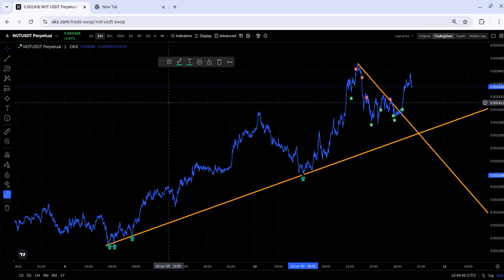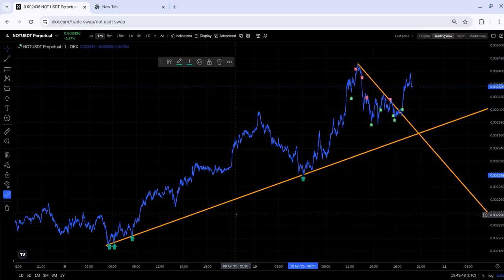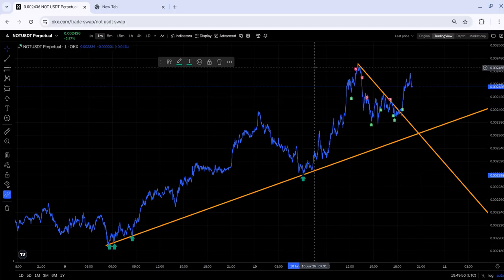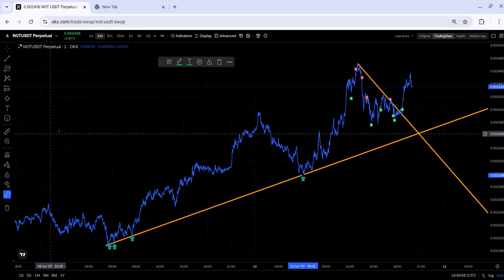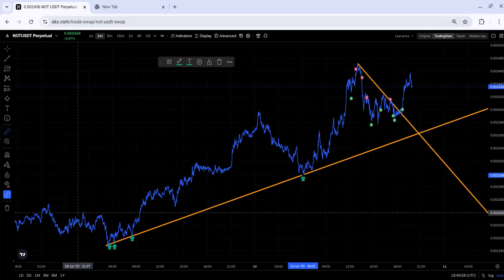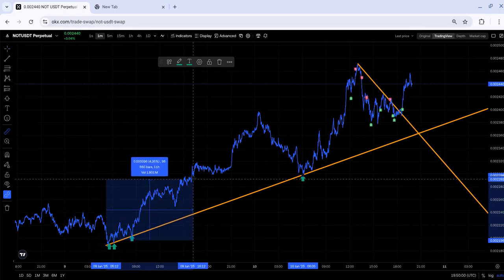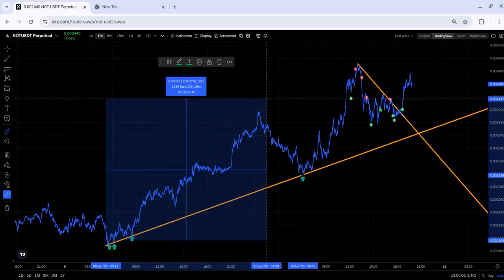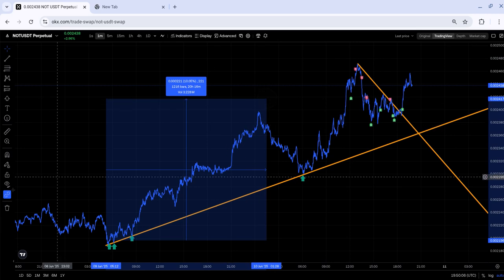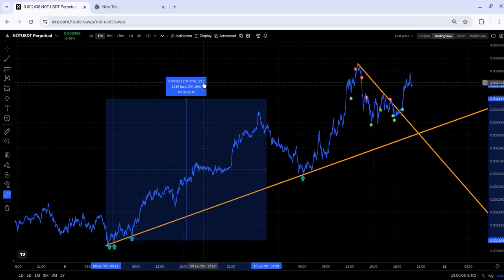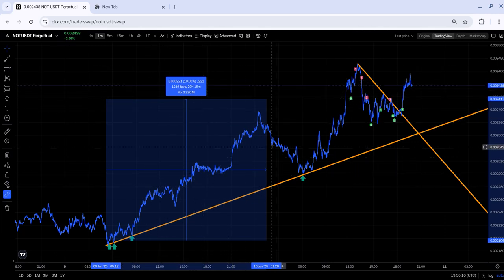But in short, what I consider a touch point on my trend line is most of the time when there is at least a 1% or 2% reaction. What does this mean? For example, from here, wow, there is a huge reaction here, about a 10.05% increase.